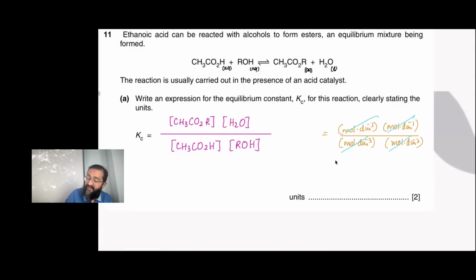So all are going to cancel each other, and we will get no unit. Is this clear? Yes, sir. Okay, so 2 marks: 1 mark for writing the expression and 1 mark for the unit.